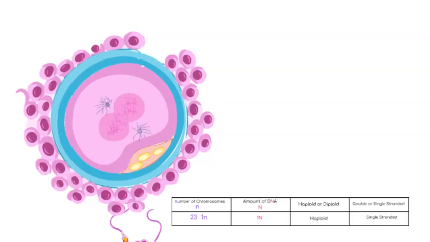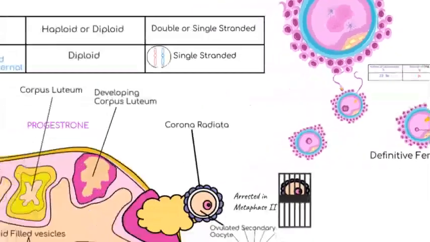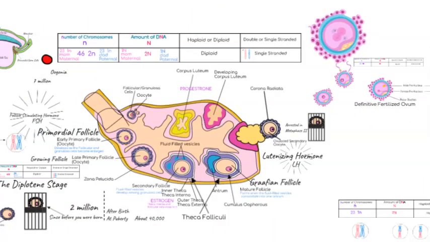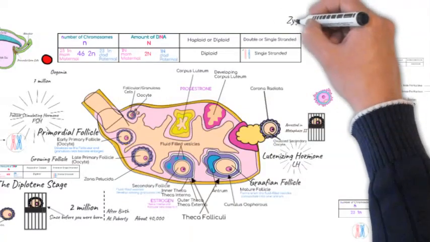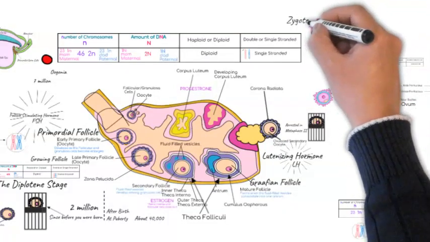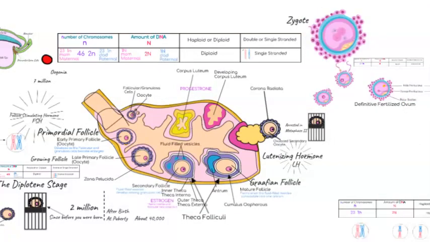It was 1n. Now it's 2n because you brought the ones from the father. And then for the capital N, which is the amount of DNA, it was 1N, now it is 2N. Is it haploid or diploid? Diploid. And now this is called a zygote. And the egg has been fertilized.